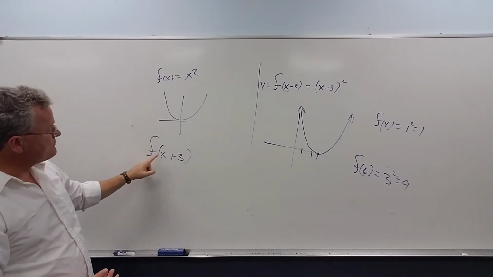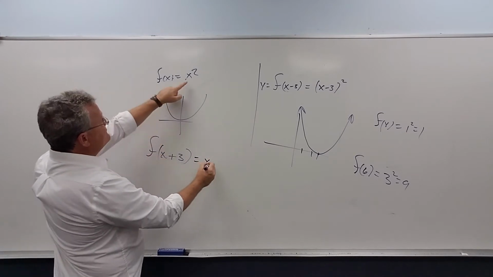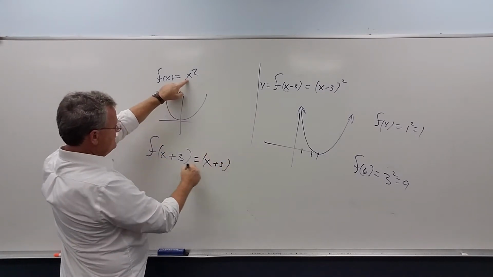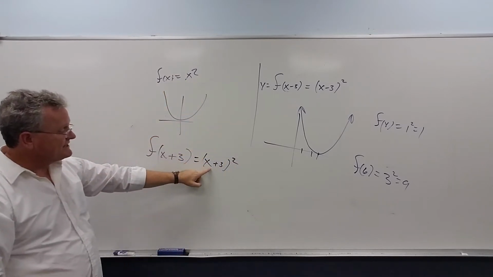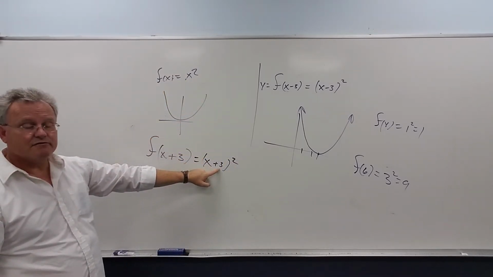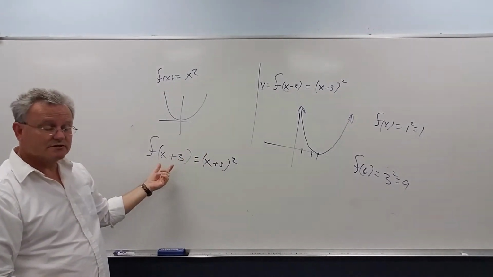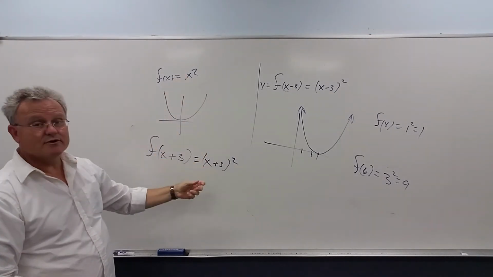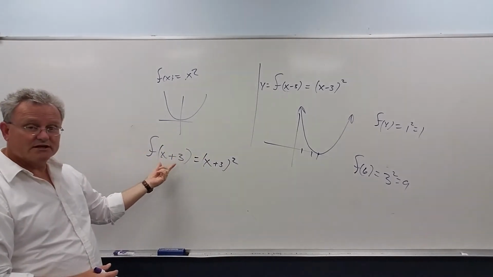To get 0 for y here, x has to be negative 3. So this is f of x plus 3, plug in x plus 3, I get this. To get 0, x has to be negative 3, because negative 3 plus 3 is 0, and 0 squared is 0. The difference between 0 and negative 3 is that negative 3 is to the left of 0 by 3 places.